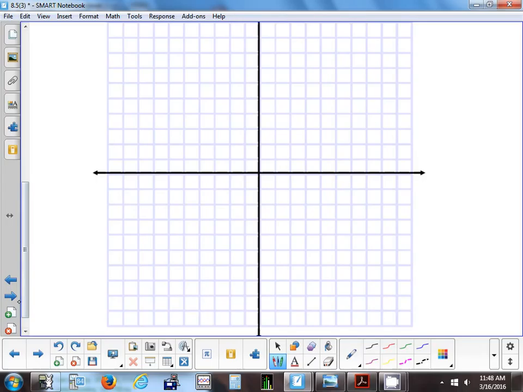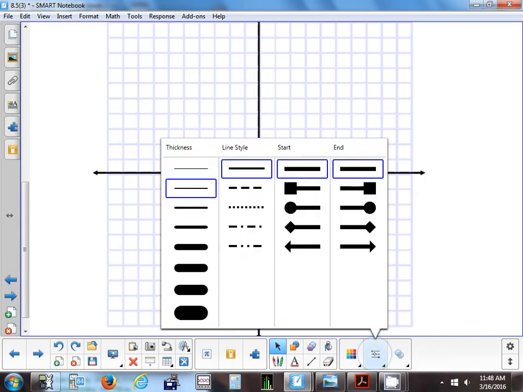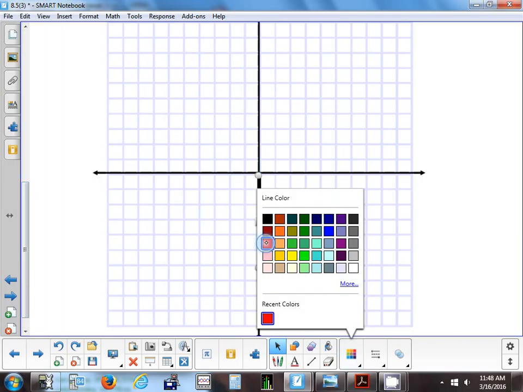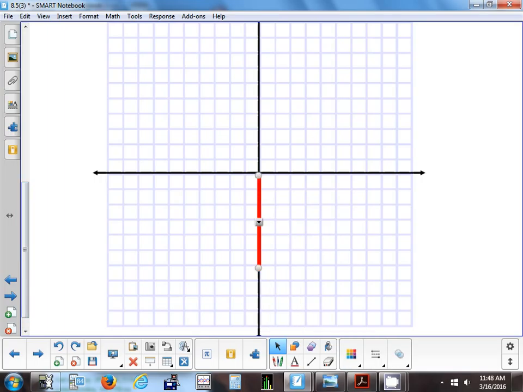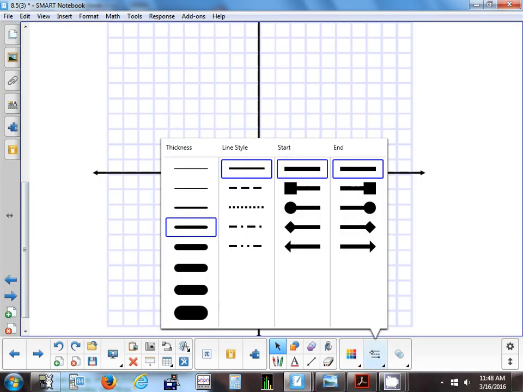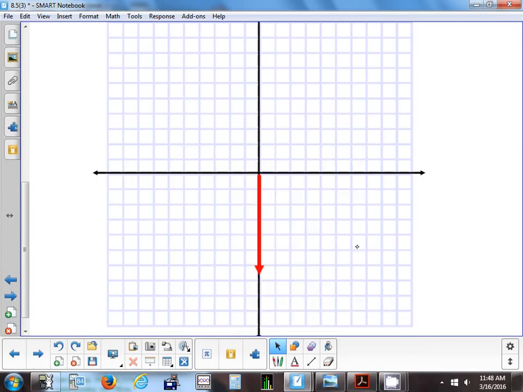All right, so let's represent south like that. Let's make that a bit bigger, and let's make that red. And let's make it an arrow. Right, so that's the vector for the plane. Let's call that v sub p.